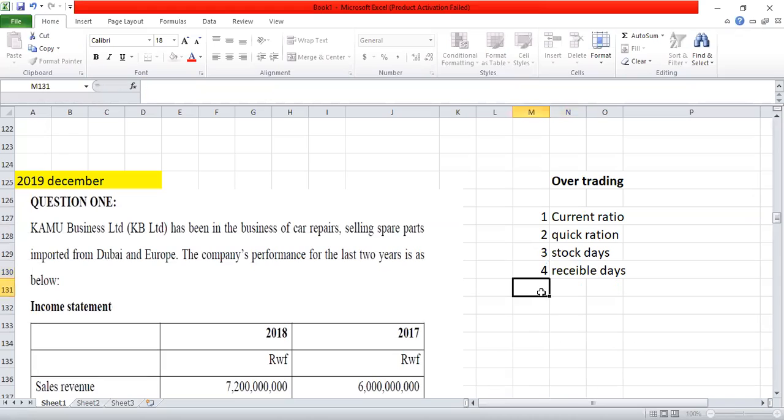And you can also check the overdraft, the increase in overdraft. These are the key ratios, or increase in sales. These are the key ratios that you may need to calculate when you are assessing.